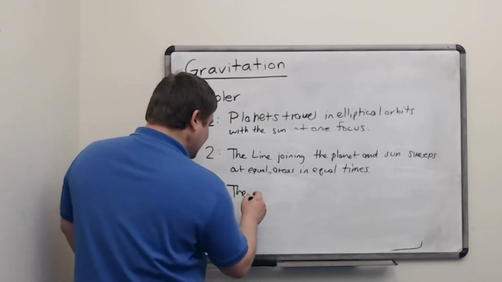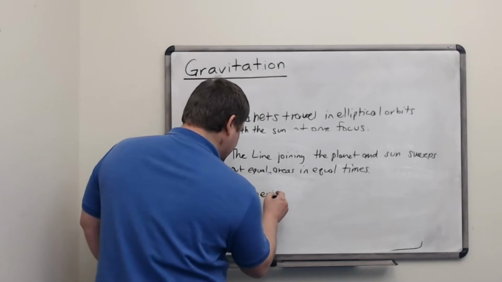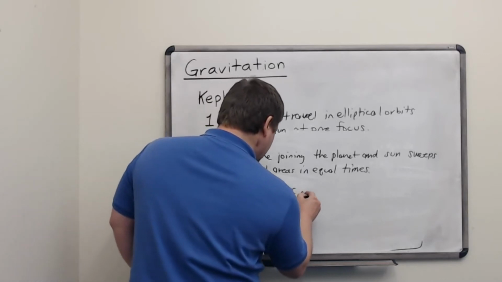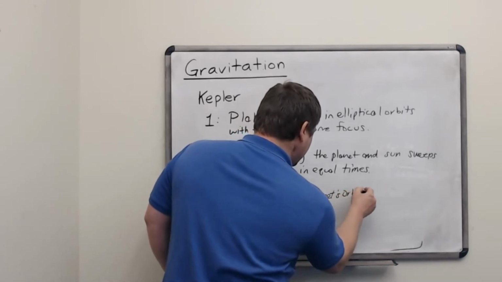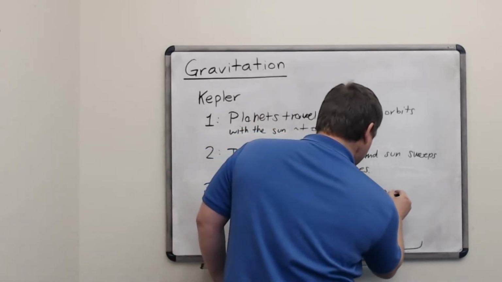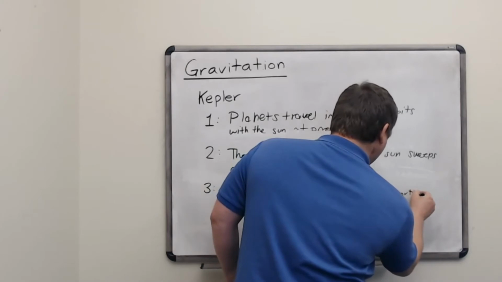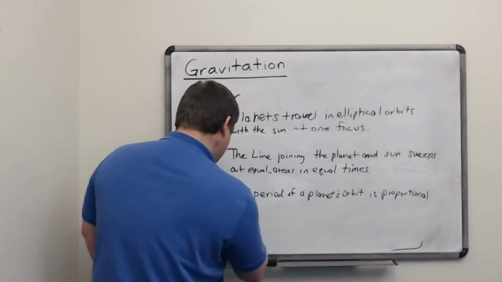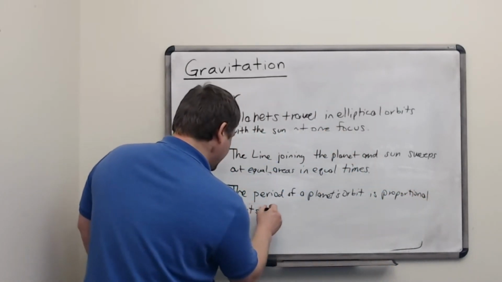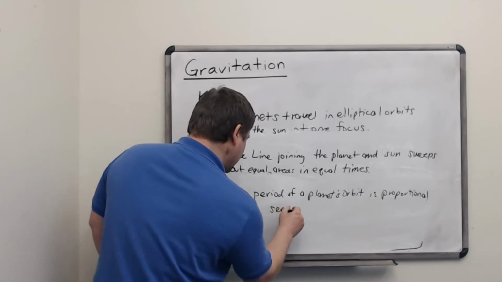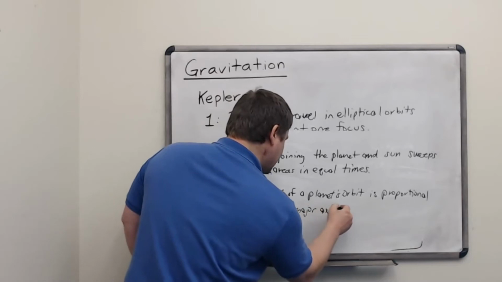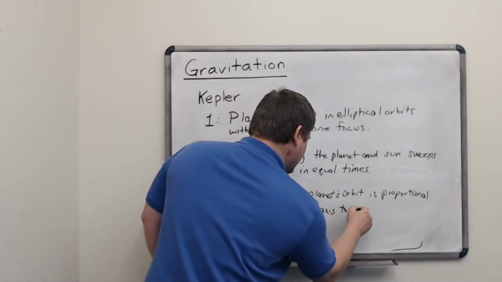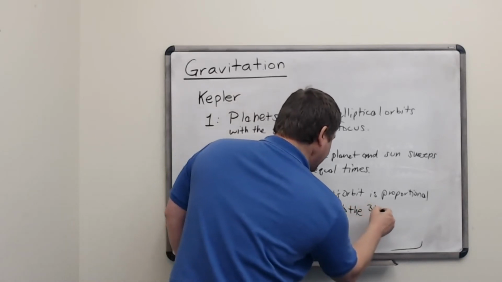The pattern can be summarized by saying that the period of a planet's orbit is proportional to its semi-major axis to the 3/2 power.